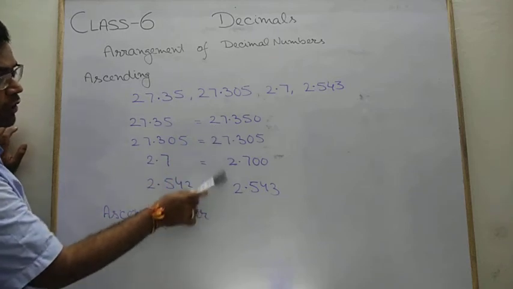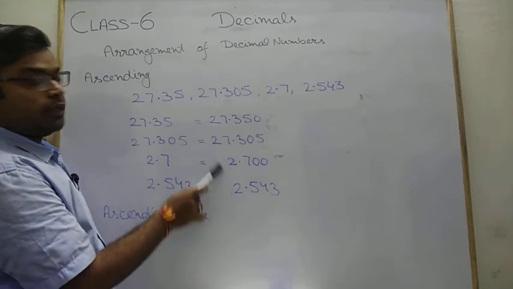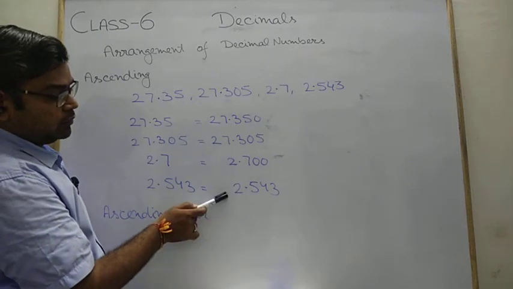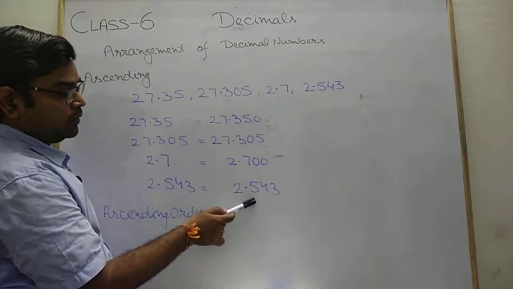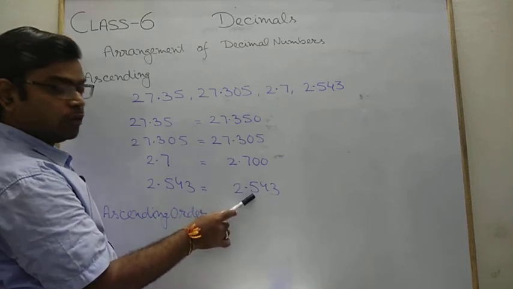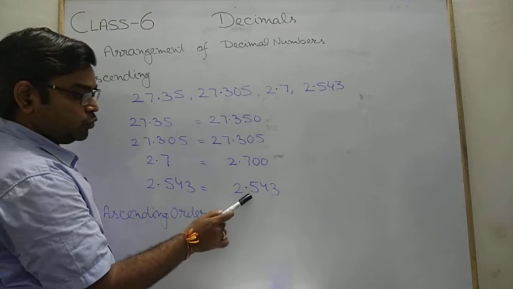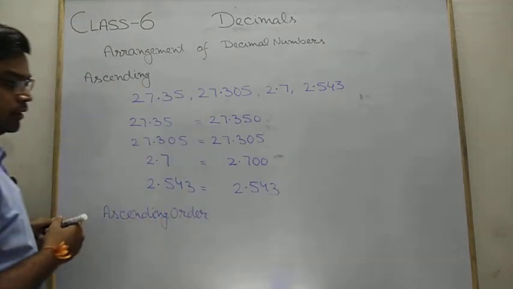So these two are smaller. Then we compare between these two. Once the whole number is the same, move to the decimal. After the decimal, we have 7 and 5. It means 5 is smaller, 7 is greater. So 2.543 is smaller.